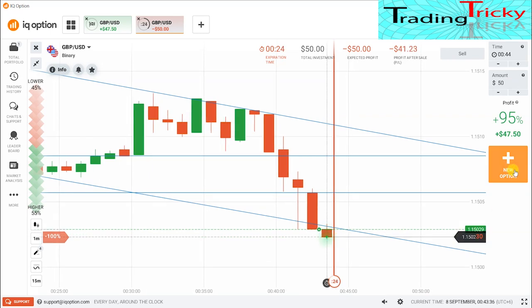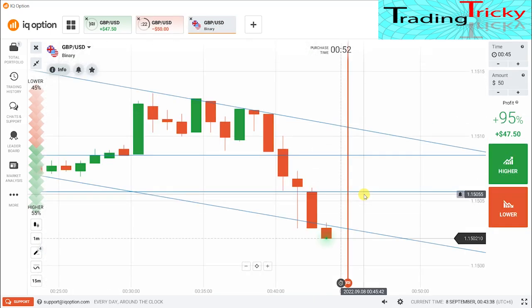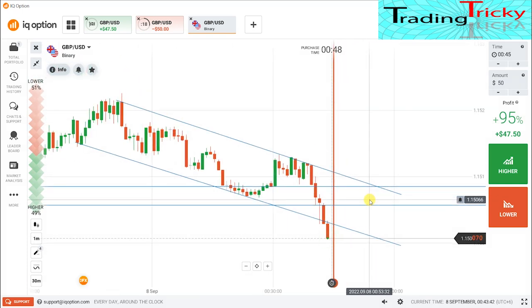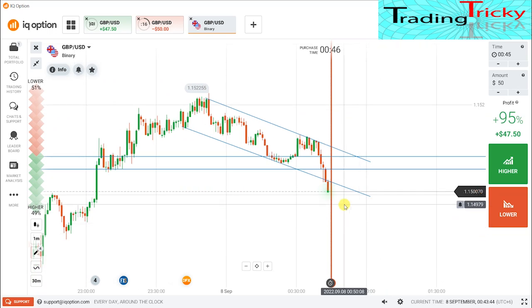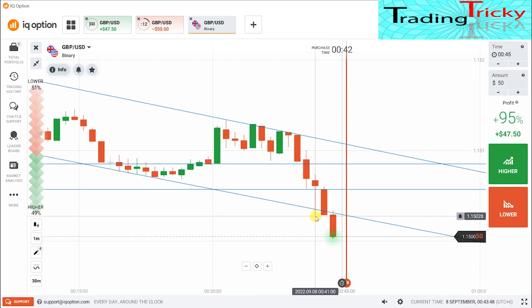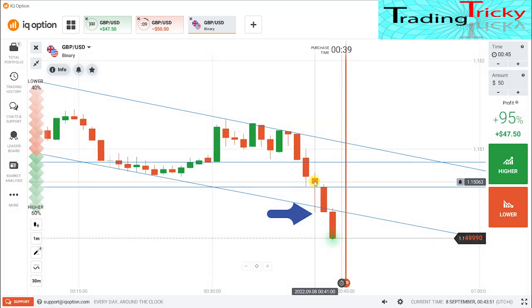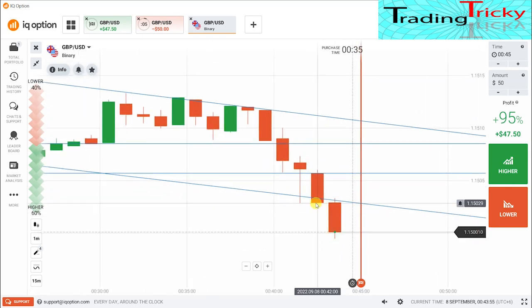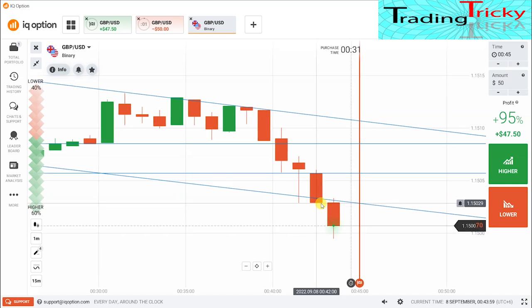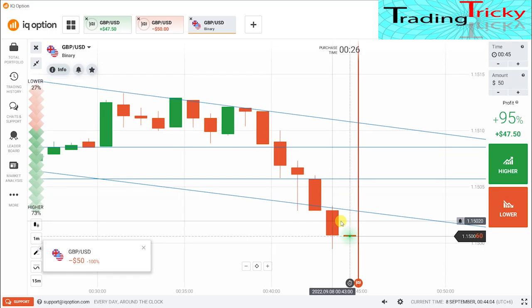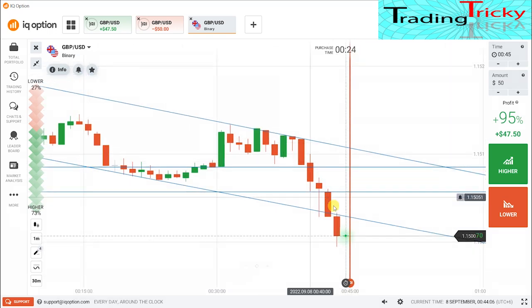So I placed a higher option, therefore let's see. Okay, so I'm going to lose my trade here, I think. But as we have seen, there was a very strong buyers' entry from here and suddenly sellers' entry and the candle closed at the level, so there was no sign to enter buyers here, but also the candle closed at the level here.